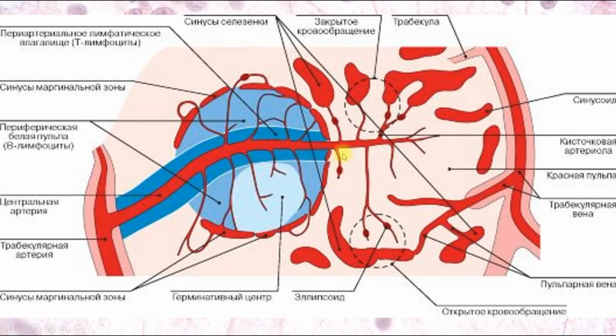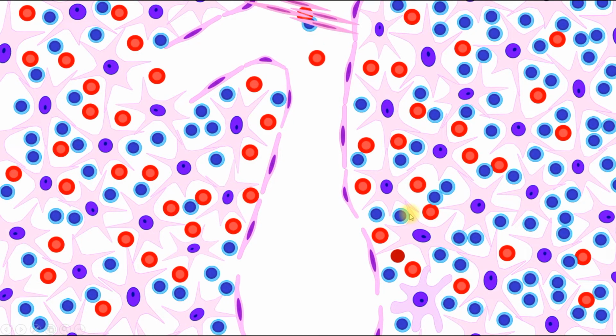And also arterioles of the spleen have sphincters which regulate the blood flow, and they regulate the functioning of the two types of blood supply of the spleen. So some blood goes to sinuses directly, some blood goes directly to the red pulp of the spleen. And then the spleen also participates in the destruction of old erythrocytes.